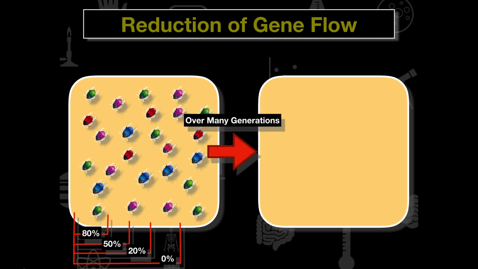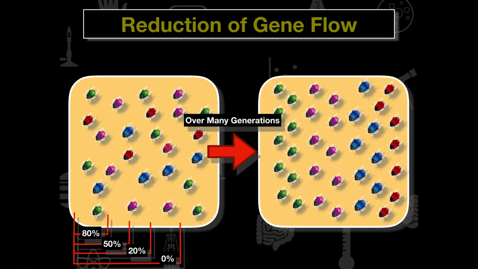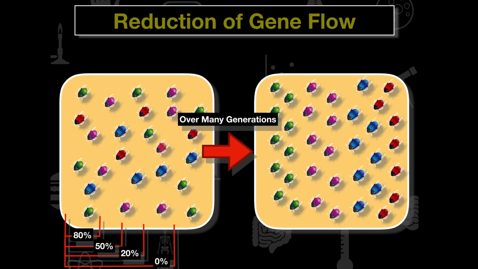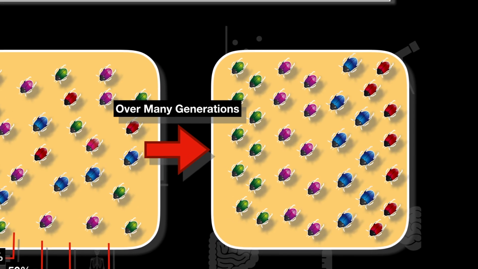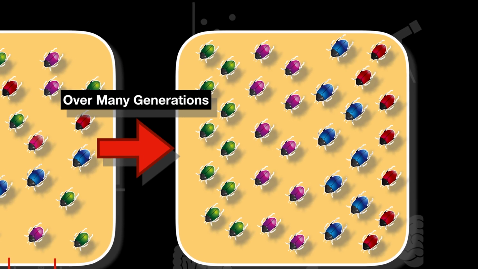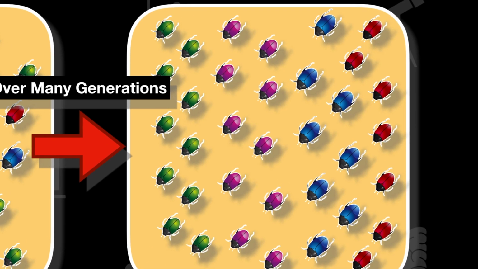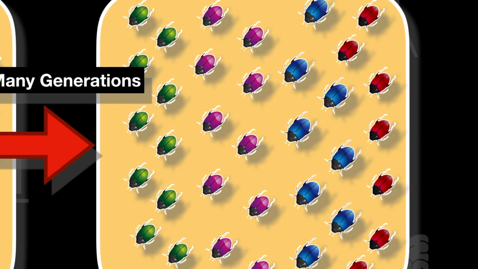So again, after many generations of natural selection, what we see are all of these different homogeneous populations that occur and are layered within this environment. So what we're really just beginning to discuss is this reduction of gene flow and how these genes are passed along and how they have an influence on these populations.